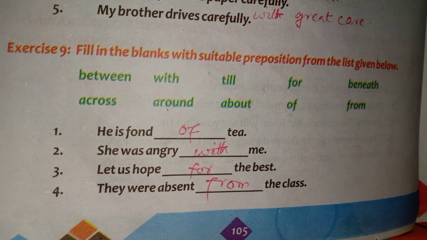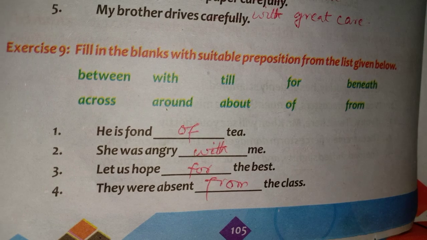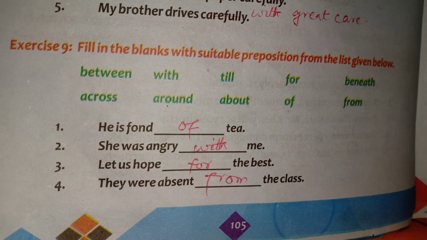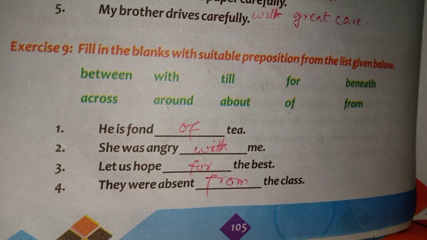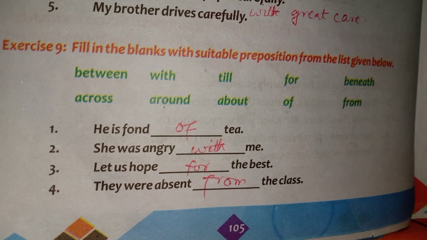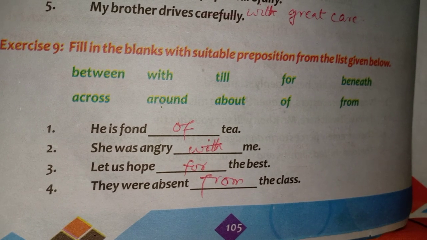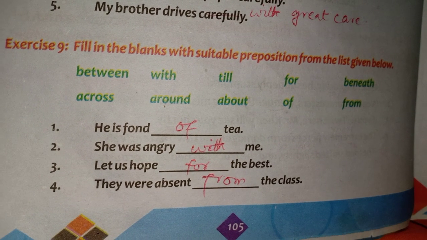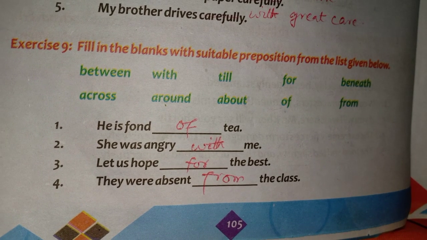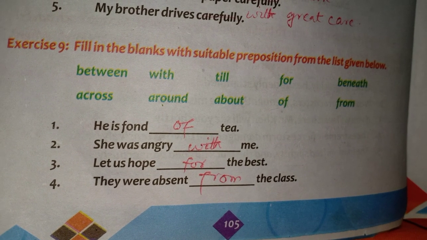The prepositions given to us are: between, with, till, for, beneath, across, around, about, of, from. The first one is, he is fond of tea. Kindly fill it properly. He is fond of tea.